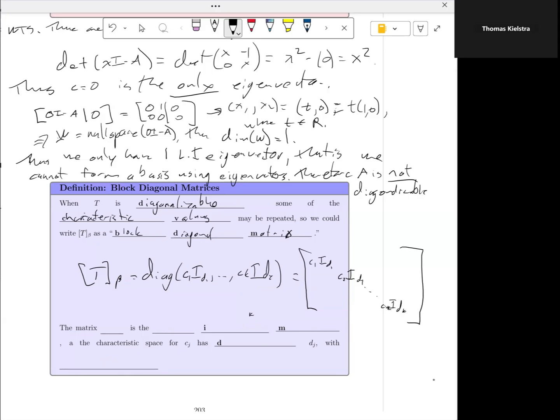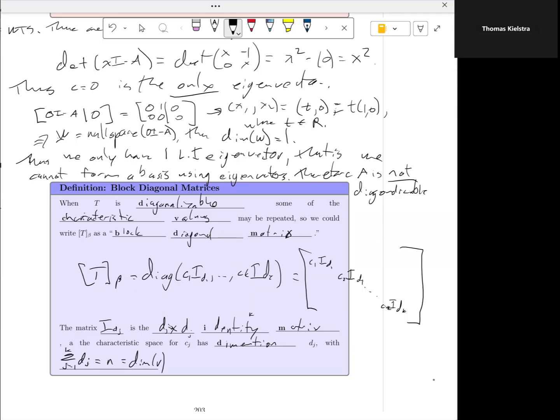What's interesting here is that the matrix I dj is the dj by dj identity matrix. A characteristic space has dimension dj, and the sum of j equaling 1 to k of these dj values equals n, which is the dimension of V.